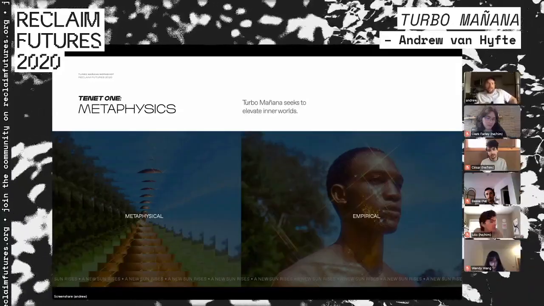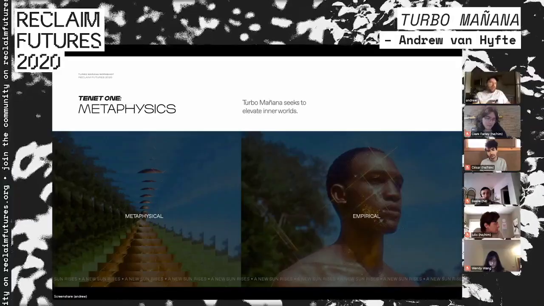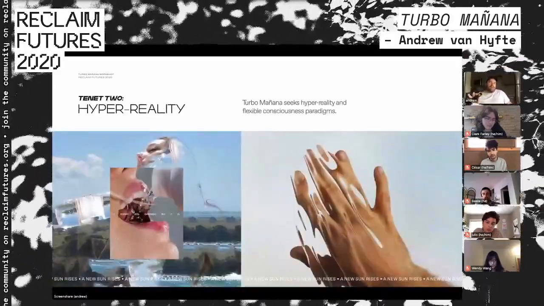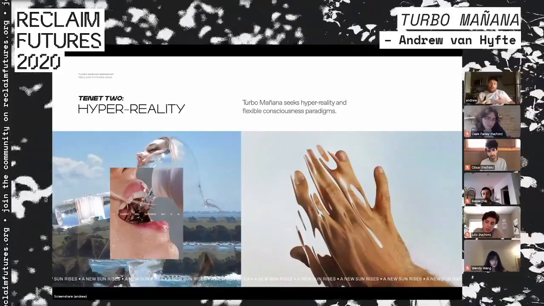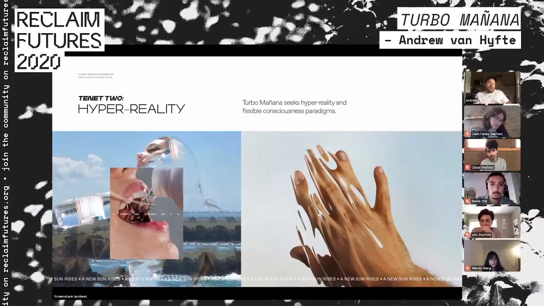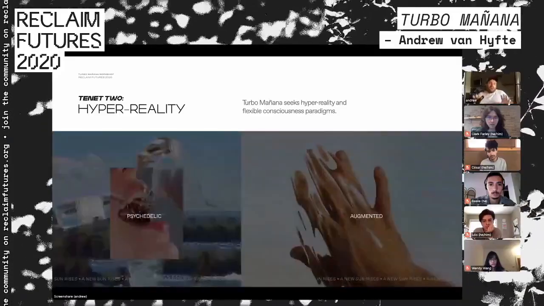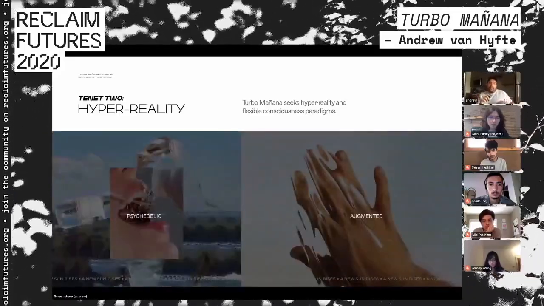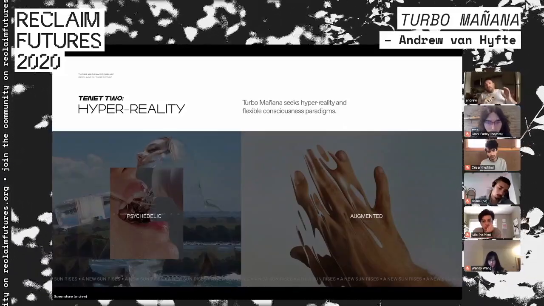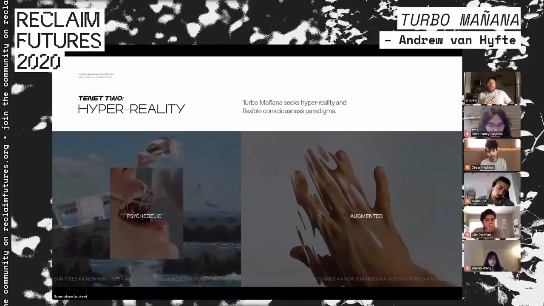If metaphysics is really seeking to elevate and explore and expand the inner world, then tenet 2, hyperreality, is where it begins to coalesce and mesh with this outer world. Turbo Mañana seeks hyperreality and flexible consciousness paradigms. The oscillation balance that I'm offering up here is this spectrum, or this back and forth, between perhaps psychedelic hyperreality or augmented hyperreality.